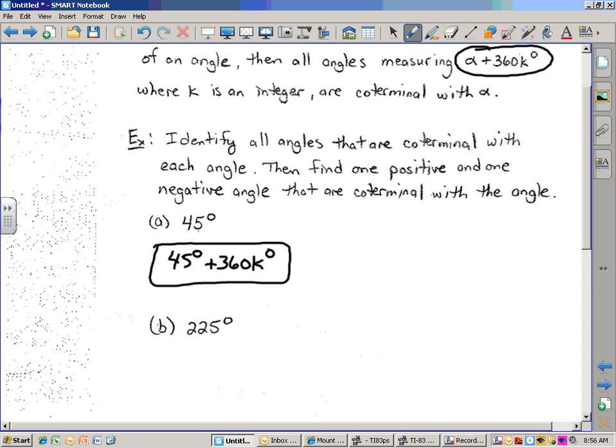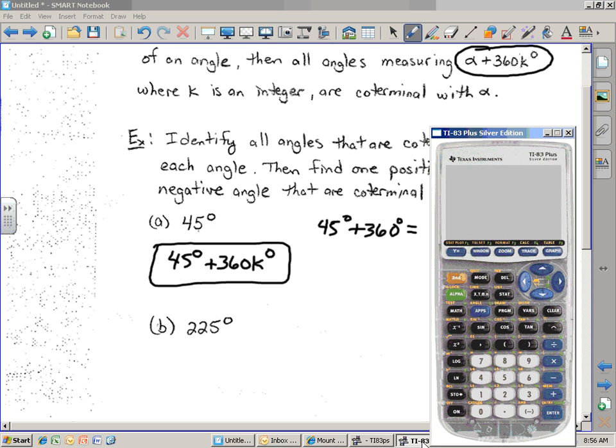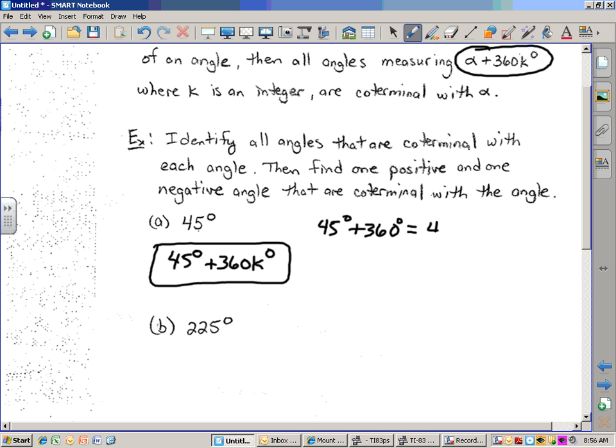That's integers. If we want to find a positive one, there are infinitely many. We can keep adding 360 forever. We can keep subtracting 360 forever. We just want one of them. So I'm going to simply just take 45 plus 360 one time. And that will give me one positive. 45 plus 360, 405.